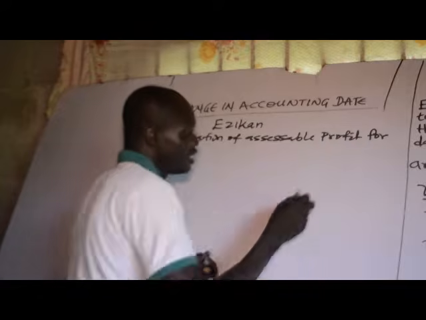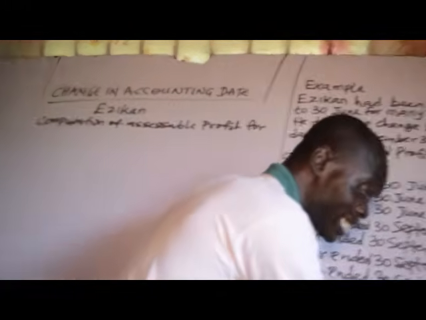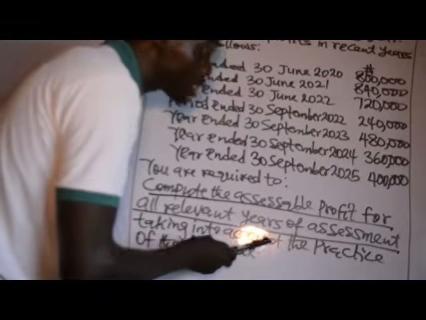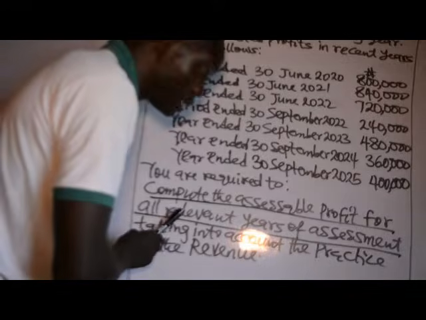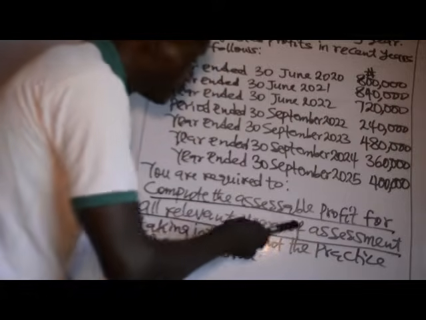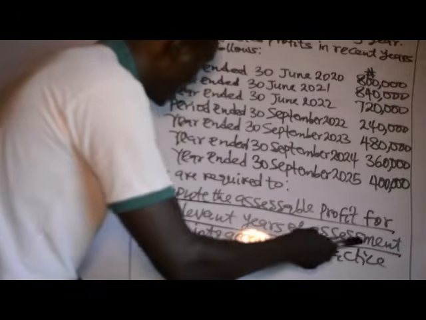The examiner says for all relevant years of assessment. I've told you that you have to state the years of assessment. Don't put relevant years of assessment. No mark will be awarded to you if you put for relevant years of assessment or for all relevant years of assessment.